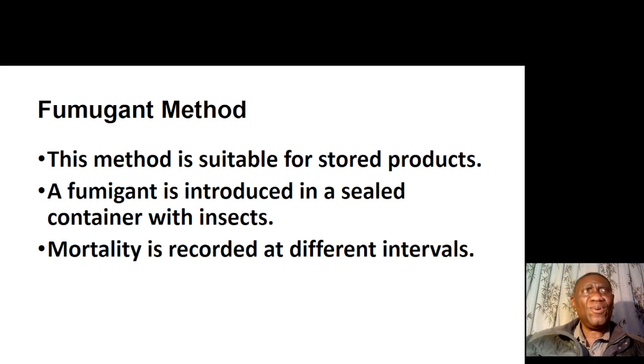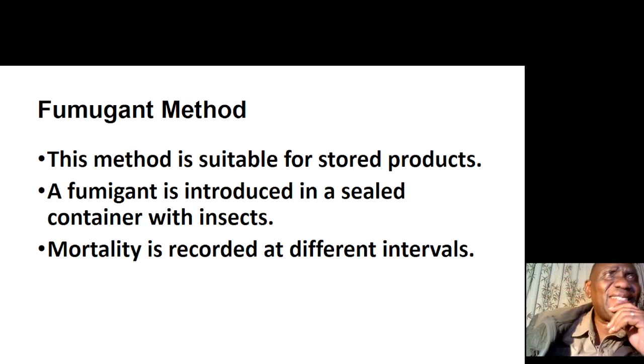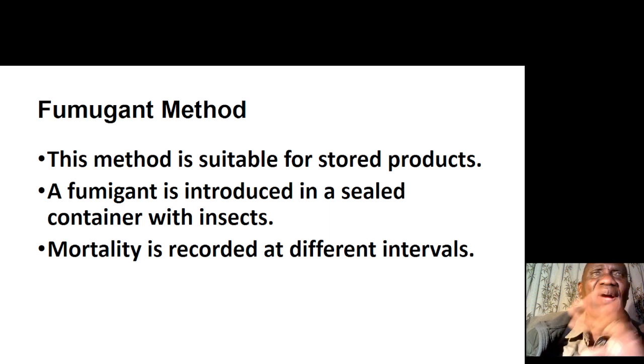There is also a fumigant method. Here you are exposing the insects to fumes of the insecticides. This method is suitable for stored products. You know, there are these weevils which can damage our maize in storage.